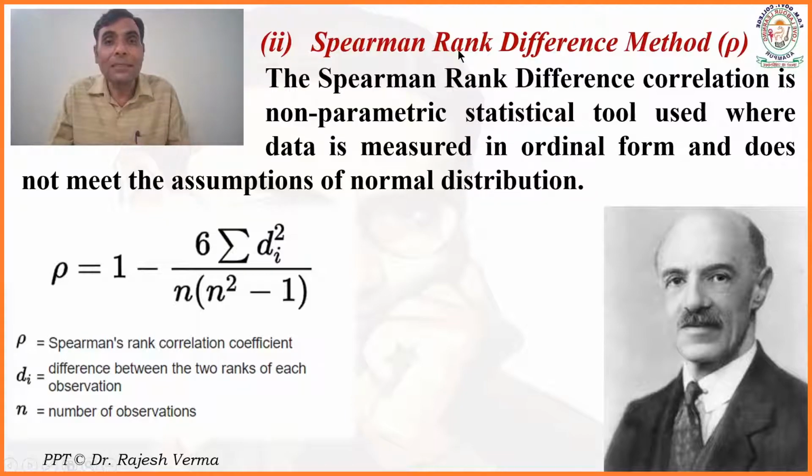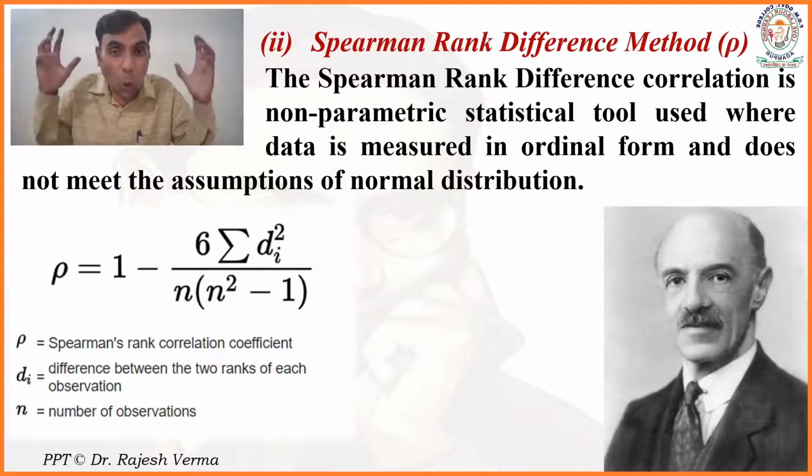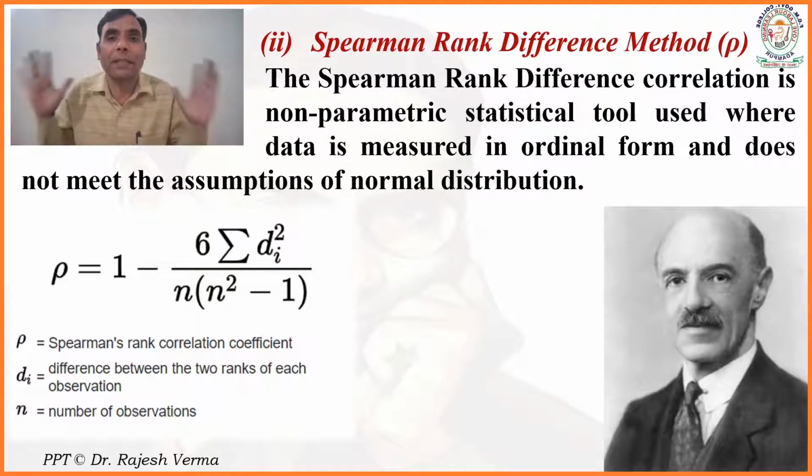Rank means the data set is on the ordinal scale, in order. When we have data in rank form, first, second, third, fourth, then we use the Spearman rank difference method for the correlation between the two variables.